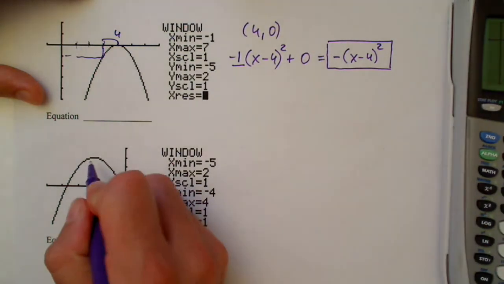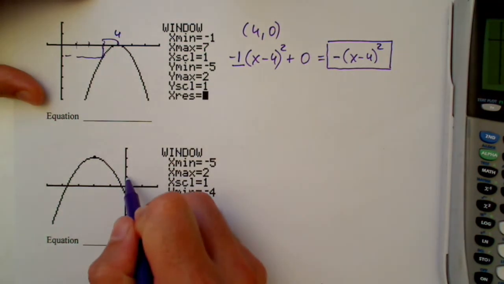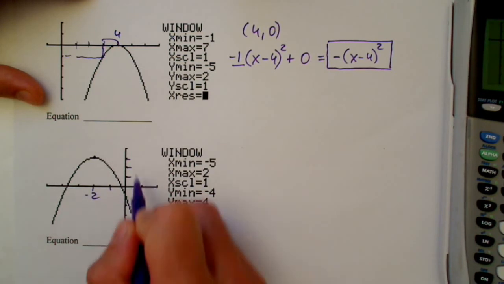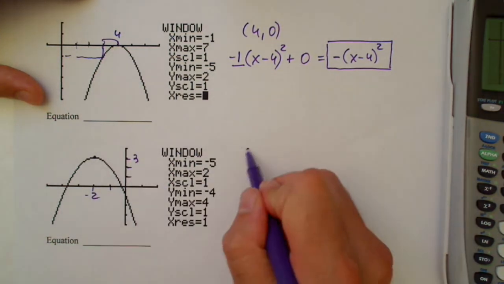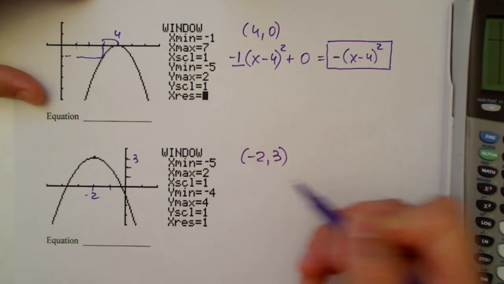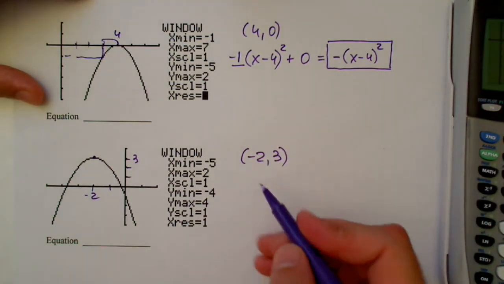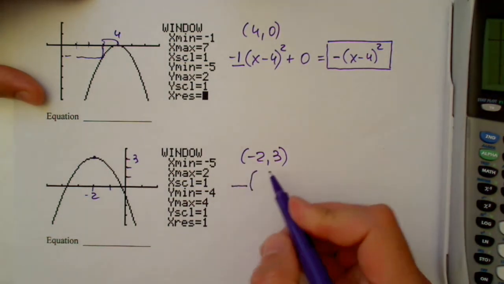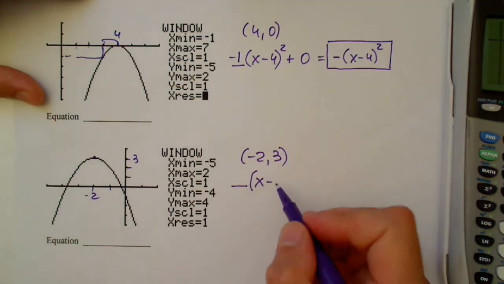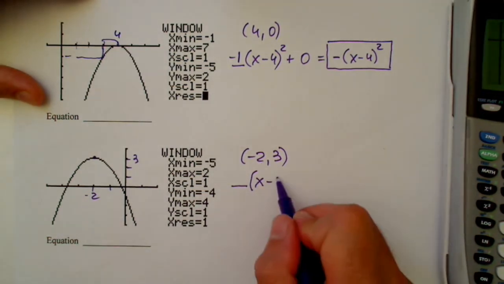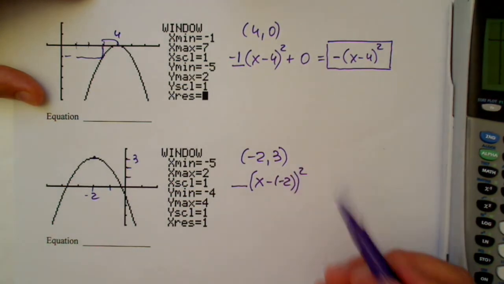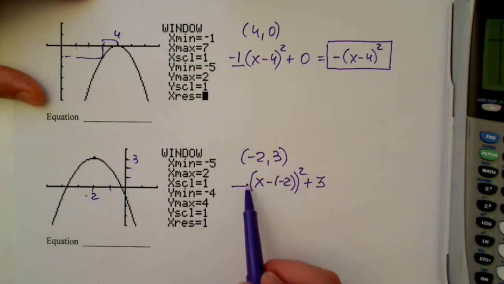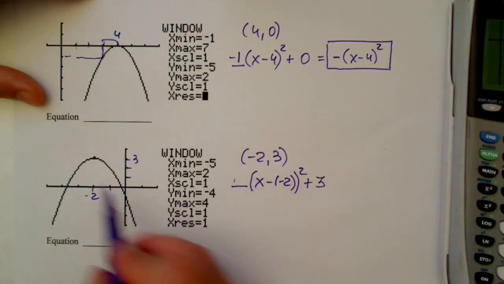Now the next function. Again, just check the vertex. The x value is -2, the y value is 3, so our vertex is -2, 3. Let's leave some space for the a value: (x minus our shift, which is -2) squared, plus our vertical shift, which is 3. Now what is our a value? It's reflected.